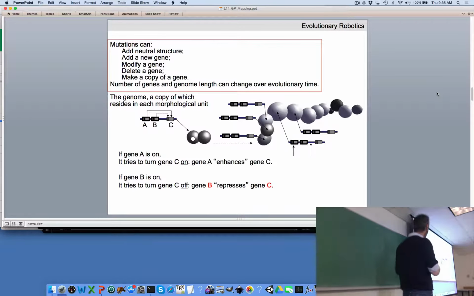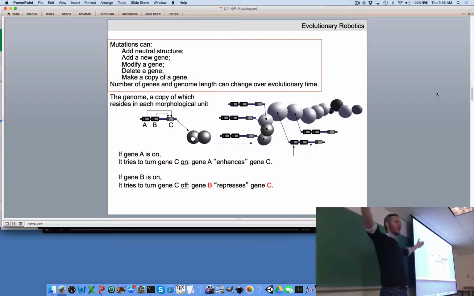We add an additional mutation operator, which can also add or change the length. So we can take our long string of numbers, cut it at a random place, pull the two pieces apart, and put 3 or 5 or 11 new random numbers in there. We could take a string of numbers, grab two places in the genome at random, copy that piece, and put a second copy somewhere else in the genome.